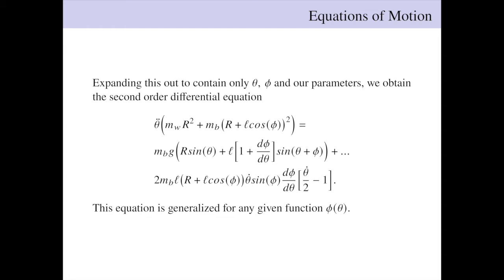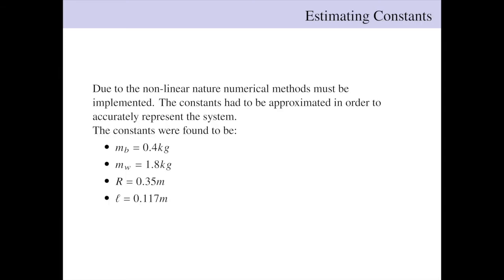This equation is incredibly nonlinear, but it is generalized for any phi function. Due to the fact that our system is so nonlinear, numerical methods had to be implemented. This meant that it was very important to approximate the constants with appropriate proportions.